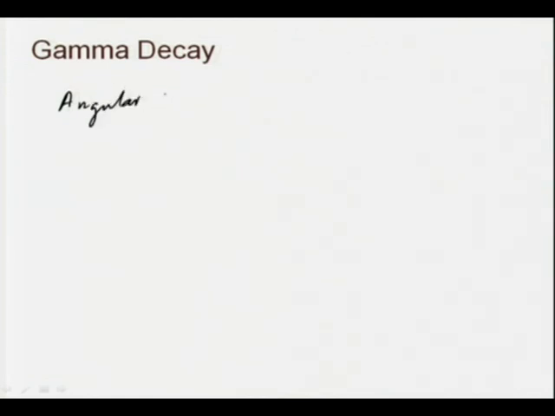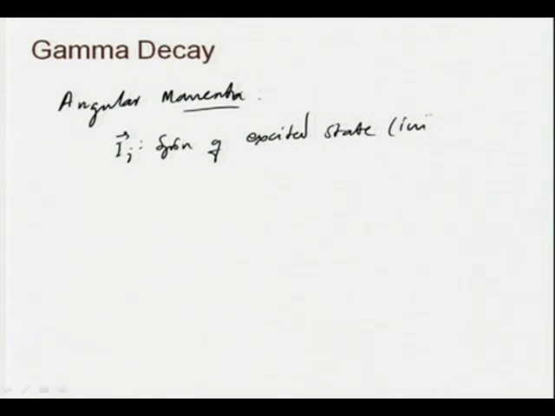So, let us look at the angular momentum associated with gamma ray decay. There is the spin of the initial excited state, which is the initial state.